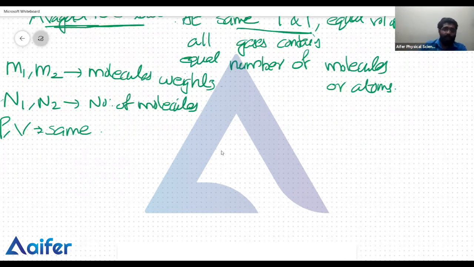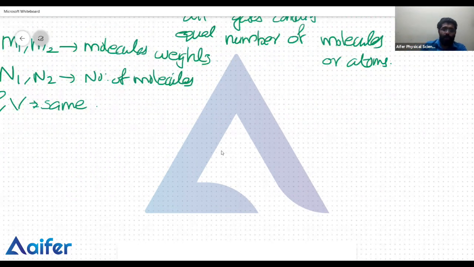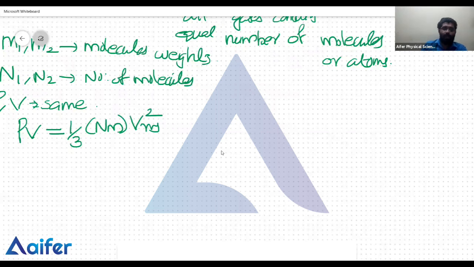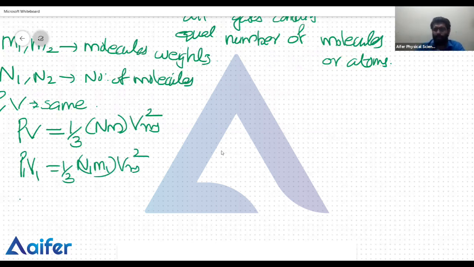But from kinetic theory, we know that PV equal to 1 by 3 N m Vrms square. So for the first gas, we get P1 V1 equal to 1 by 3 N1 M1 Vrms square. For the second one, P2 V2 equal to 1 by 3 N2 M2 Vrms square.